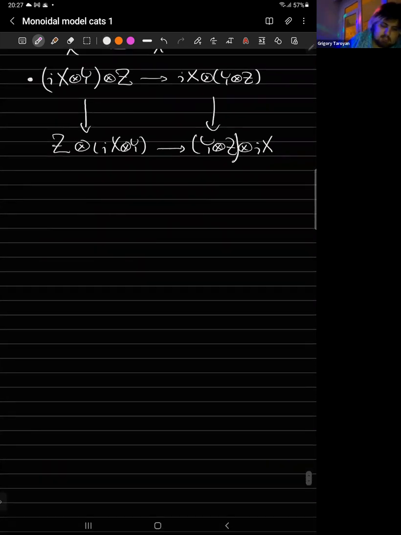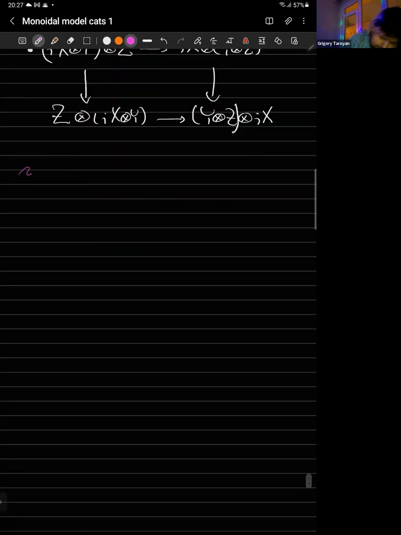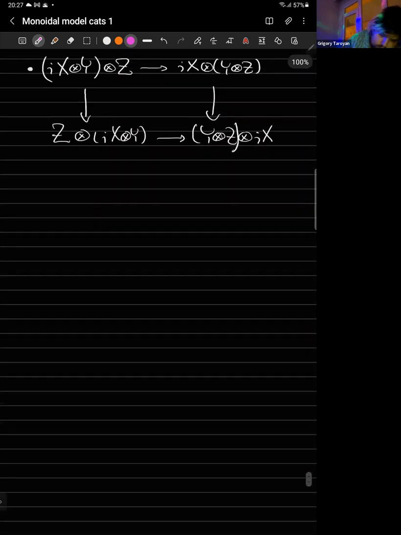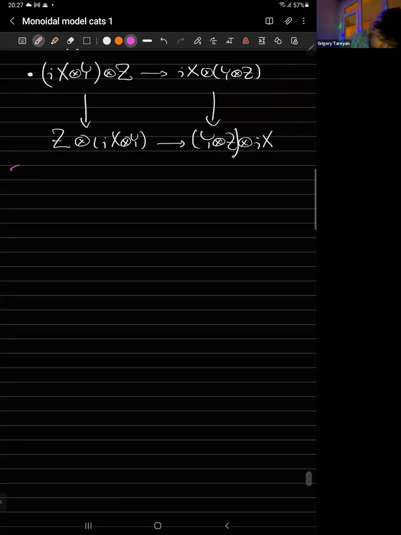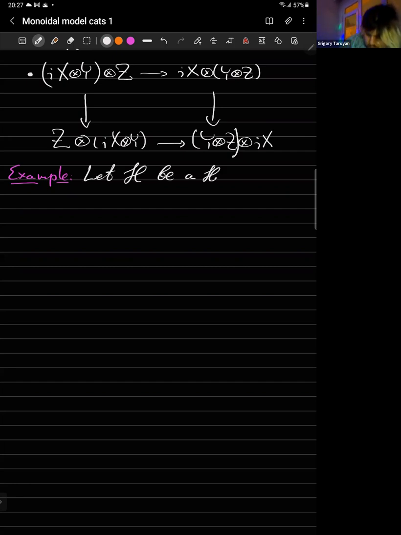Now, let me give you an example of central C algebra. Let H be a Hopf algebra, for example, a ring algebra. Then mod H is a vector algebra.